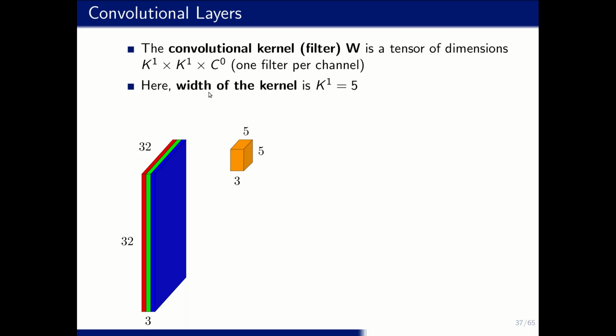Now we are going to apply a convolution, and to this end we will use a convolutional kernel, which is a tensor or an array of shape K1 times K1 times C0. K1 is actually just the window size or the width of the kernel. In this example, we assume K1 is 5, so this is a window of 5 times 5.